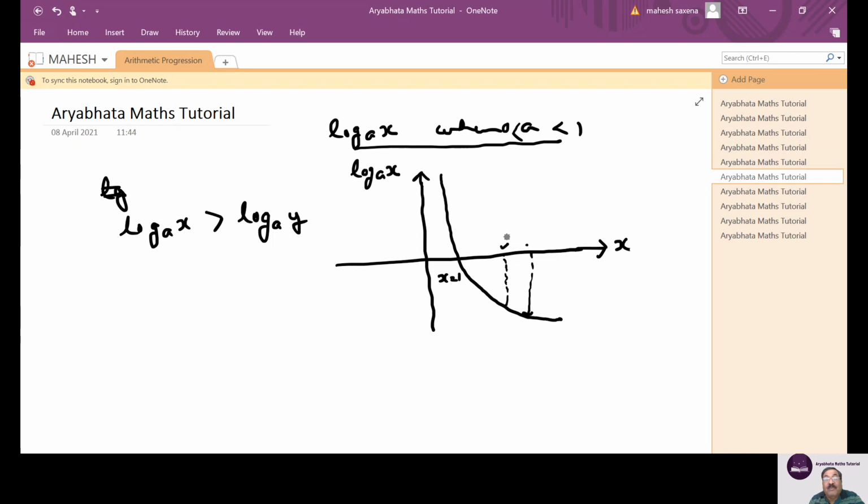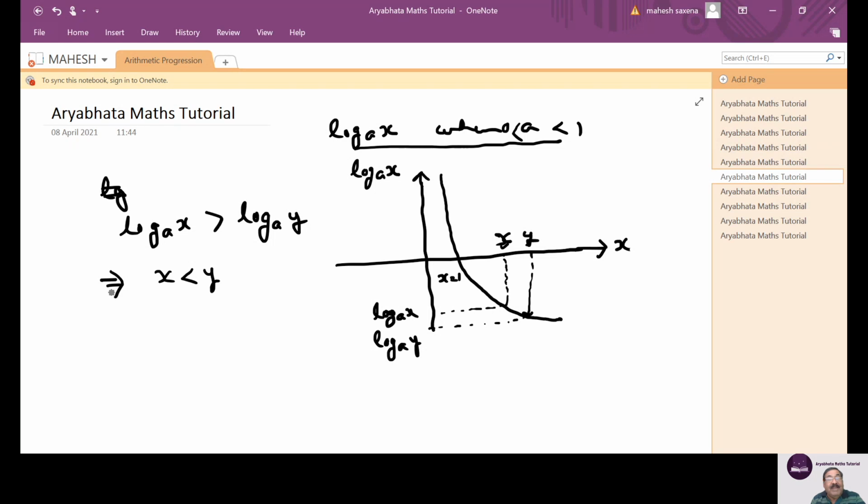This value will be log base a of x, and this value will be log base a of y. So here it is clear that this will be x and this will be y. Therefore, if log base a of x is greater than log base a of y, then x will be less than y.